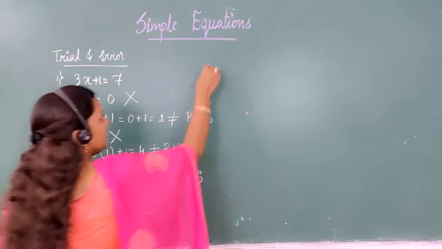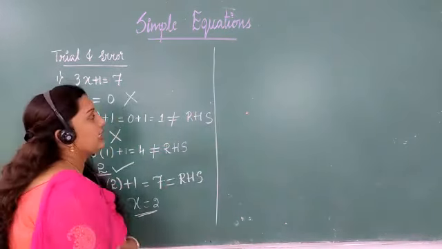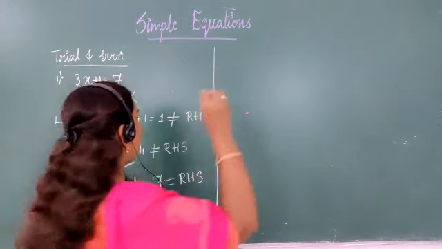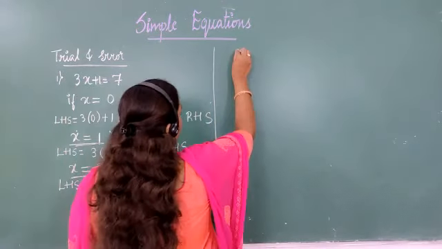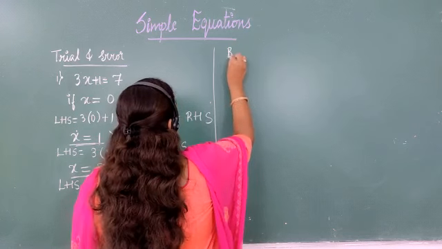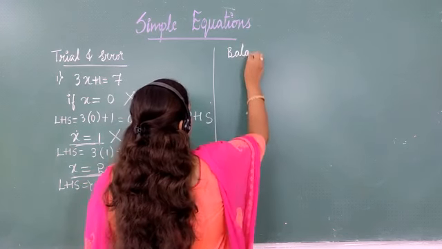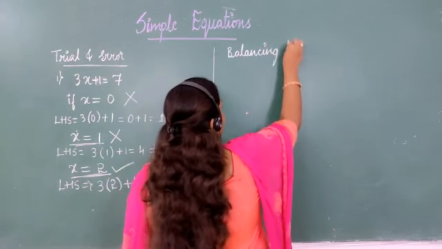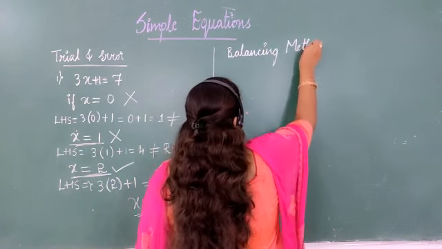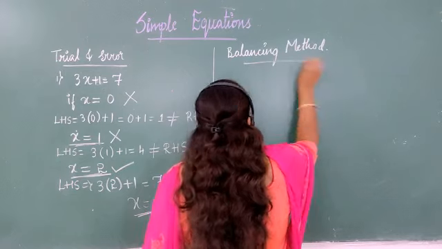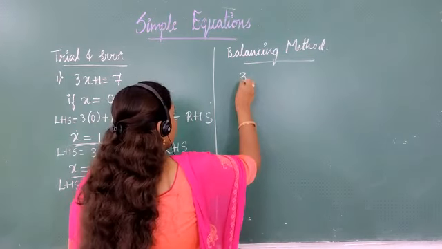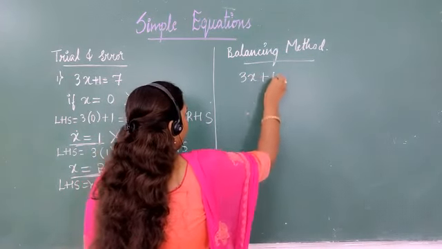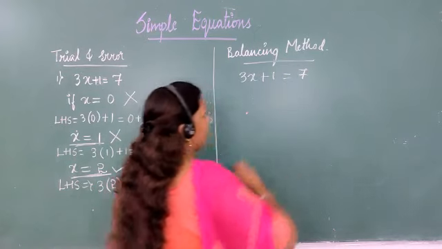Okay, let us see the next method, that is balancing method. For the same equation I will do the balancing method. That is 3x plus 1 is equal to 7.